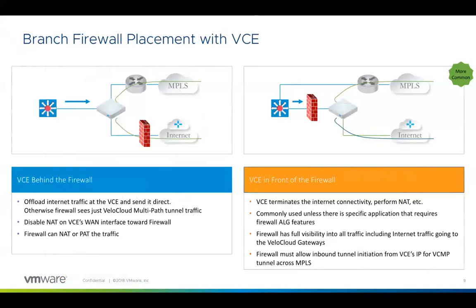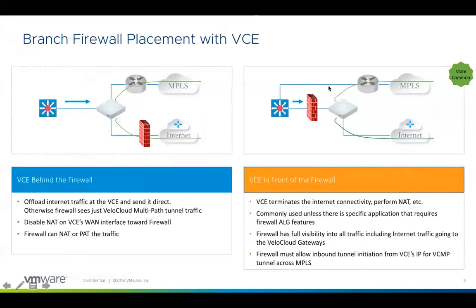But the VeloCloud edge will be responsible for NATing the traffic that goes underlay to the internet, or traffic that is not put into the overlay tunnel to the internet. So the downside of this topology is obviously that if you need to establish overlay across MPLS, then the tunnel across MPLS from the VeloCloud edge would have to go back through the firewall, right, to actually build that overlay tunnel.